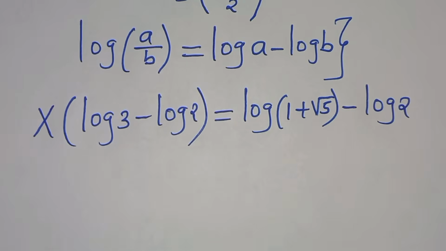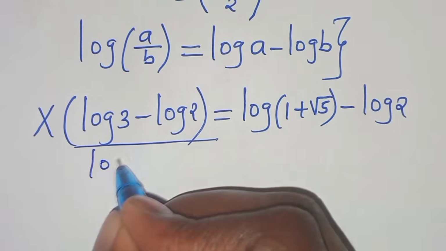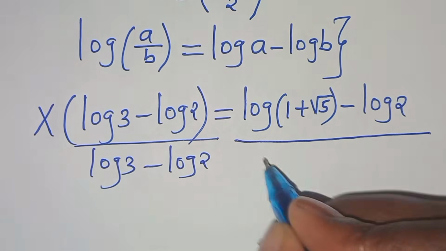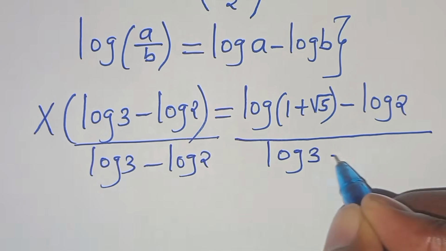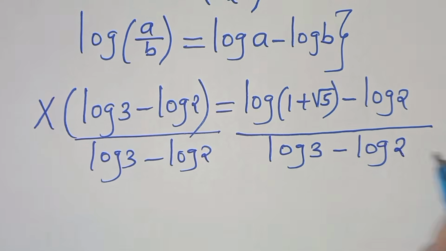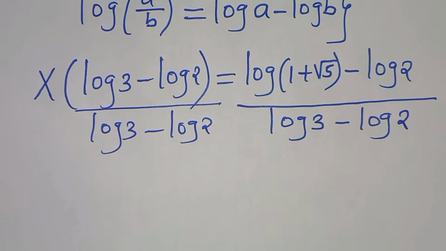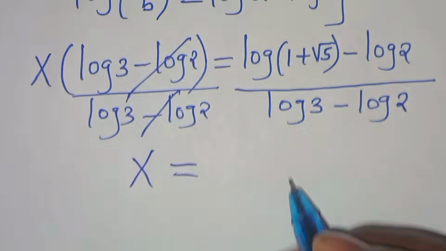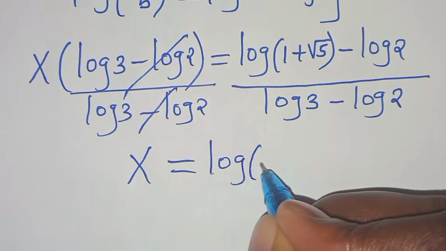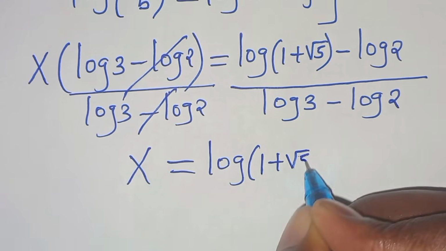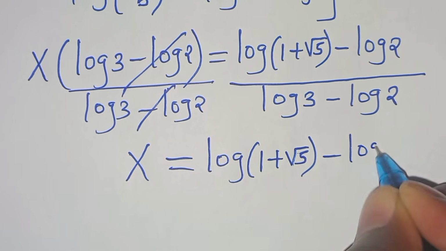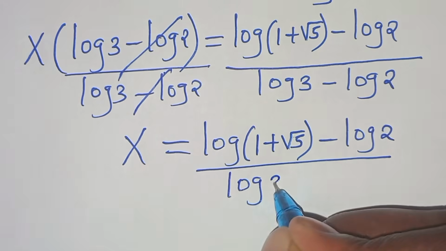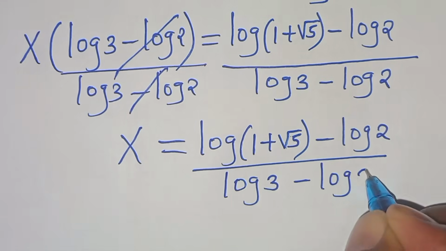So in this case, we can divide both sides by log 3 minus log 2. So we can simplify so that x is equal to log of 1 plus square root of 5 minus log 2, divided by log 3 minus log 2.